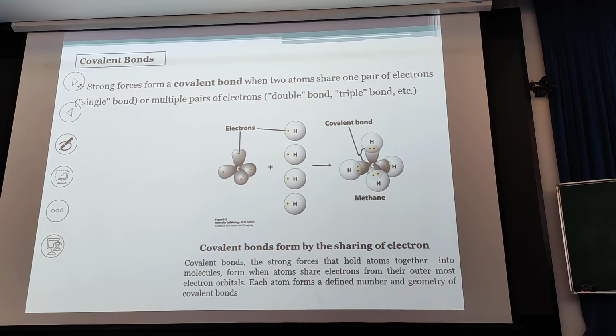You can see here one carbon plus four hydrogens gives us methane gas. They share pairs of electrons; here four pairs of electrons are shared. So the bonding is formed between the carbon and hydrogens. Here we have covalent bonds.